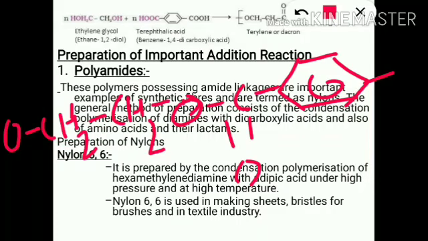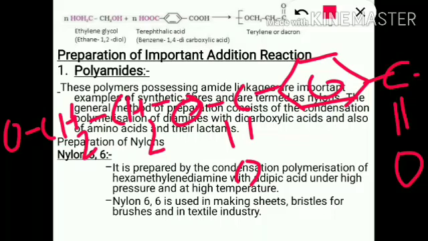In the case of COOH, the OH is removed by combining with the other element. So this is called terylene or dacron. Terylene or dacron is used for the formation of wools and fibers, etc. It is a condensation polymer because a water molecule is removed.